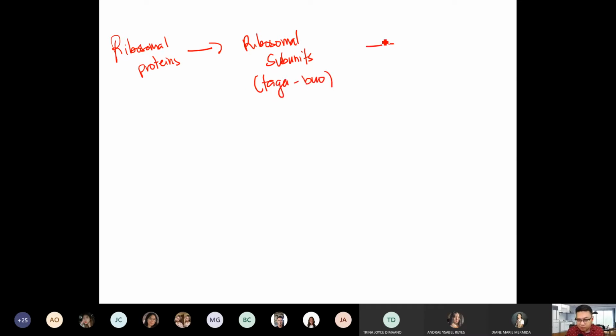When the ribosomal subunits combine with mRNA, think of mRNA as the instructions. When the two come together, they form proteins. Naintindihan ba? So this, lahat ito nanggagaling sa loob ng nucleus. Nucleus. Klaro po?